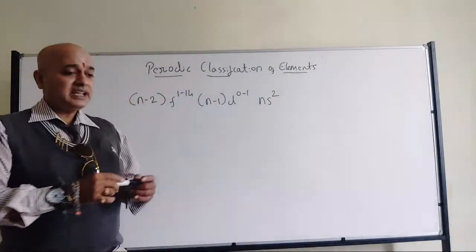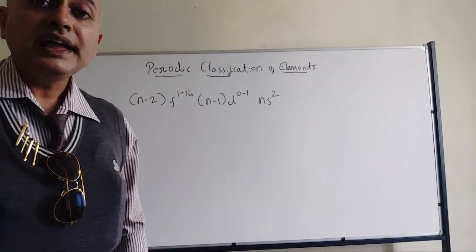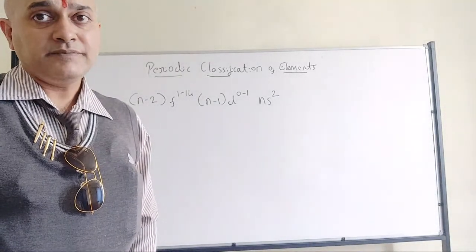So this will be the general electronic configuration for F block elements.